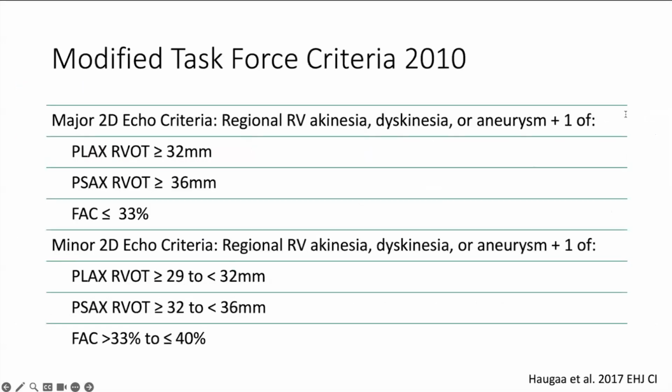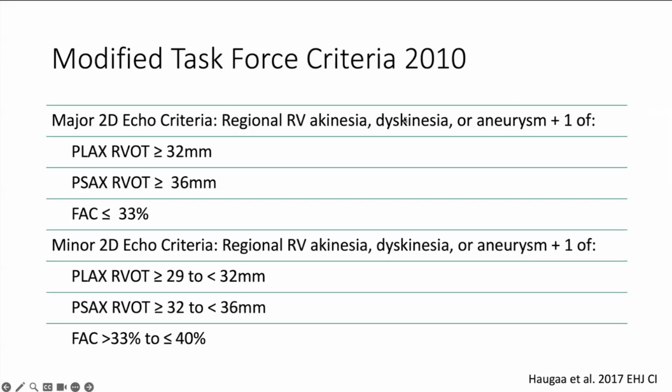And so then to highlight some of the modified task force criteria for ARVC. We touched a little bit on the newer criteria for diagnosing arrhythmogenic cardiomyopathy that includes both the left-sided and right-sided disease. But this criteria was initially primarily for right-sided disease, and it had the RVOT measurements as major and minor echo criteria. So again, we see the same thing as we see in the 2020 guidelines.